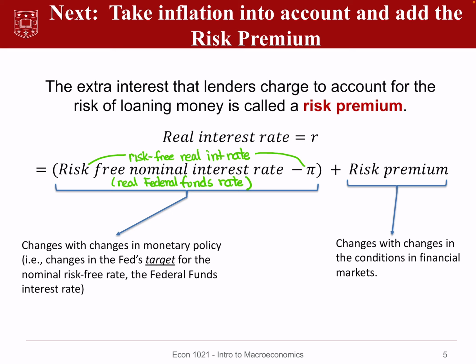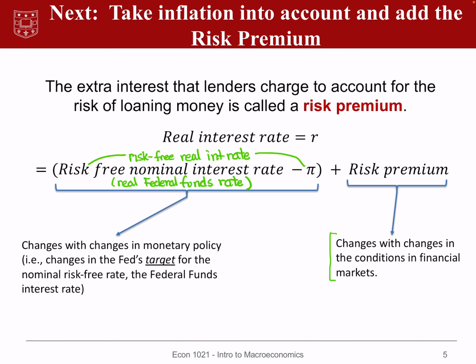One thing that's going to cause shifts in the MP curve, as we'll see, is changes in the risk premium. The other thing that's going to cause shifts in the MP curve is when the Fed changes its stance for monetary policy. So as the Fed changes its target for the Fed funds rate, then that will, for a given rate of inflation, of course, change this risk-free real interest rate as well.